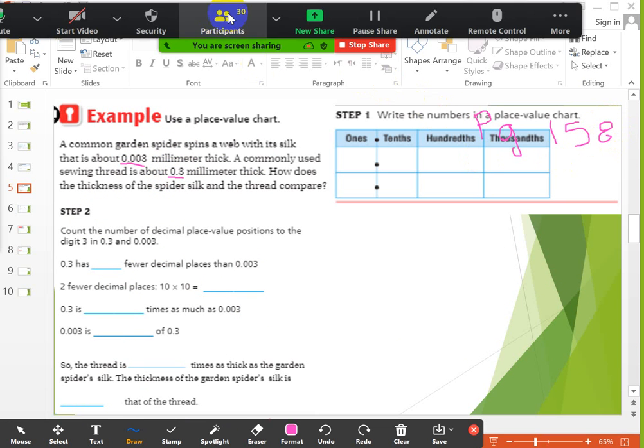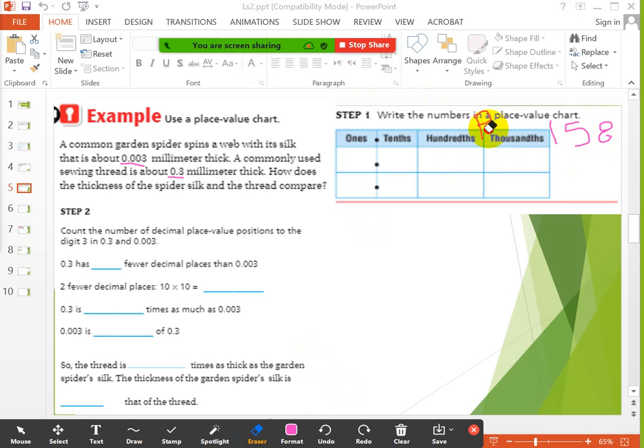Okay, if I want to write the number in the place value chart, let's write the first one, then let's write the second one. The first one, 0.003. So this is 3 in which digit? This 3 is in the third digit after the point. That means it will be where? Let's slide the number.